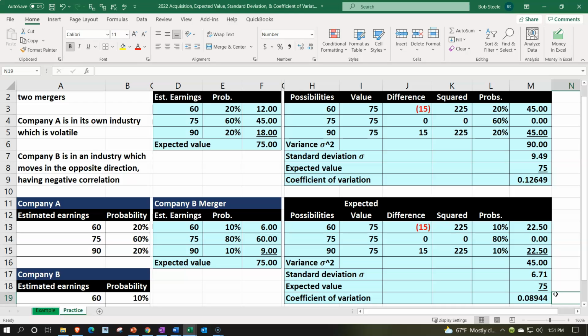If we were a risk-averse investor, you would think that we would pick the one with less risk. And again, the only reason you'd want to pick more risk is if the risk also resulted in higher value, generally meaning the expected value would be higher in that case. If the expected value is the same and the risk is lower, then usually you'd want to go with the less risky option.